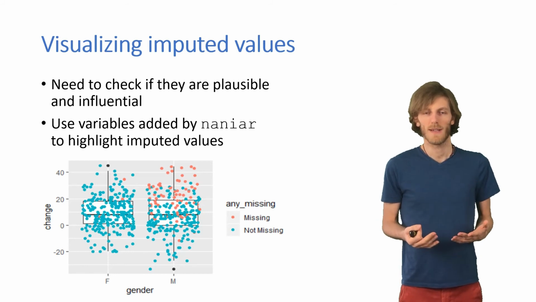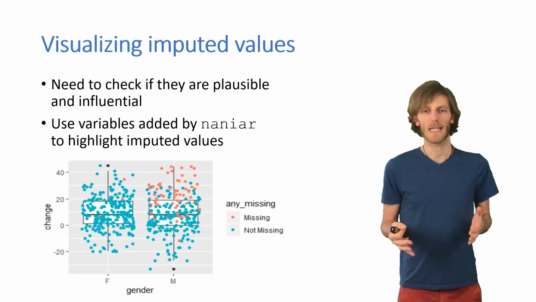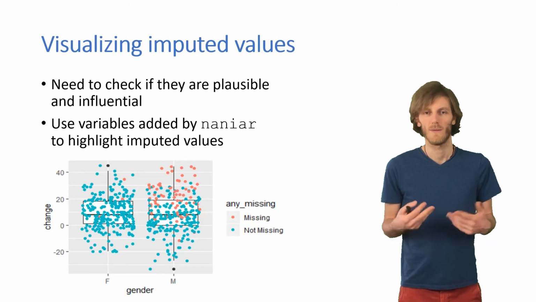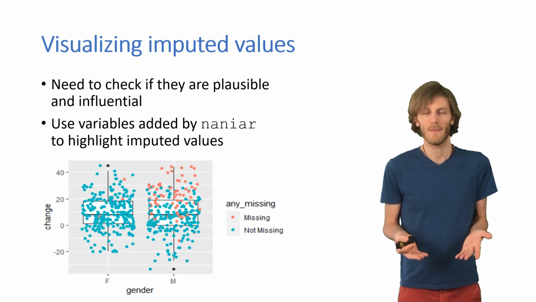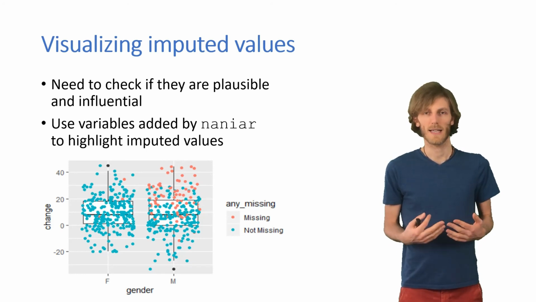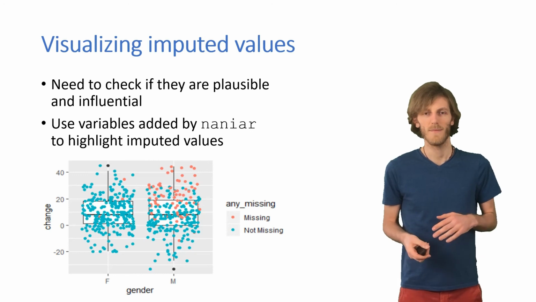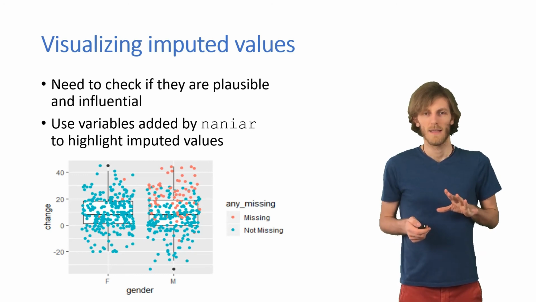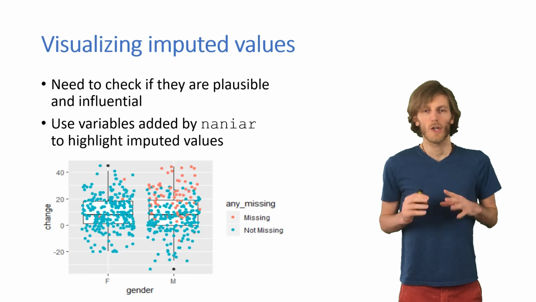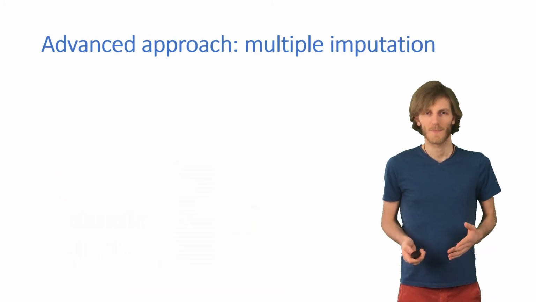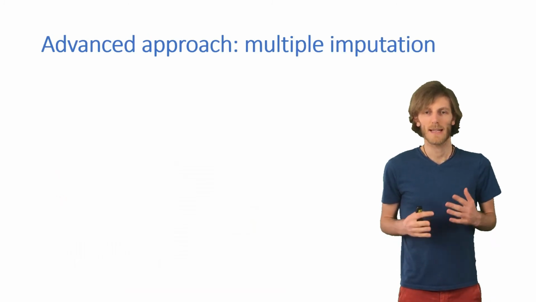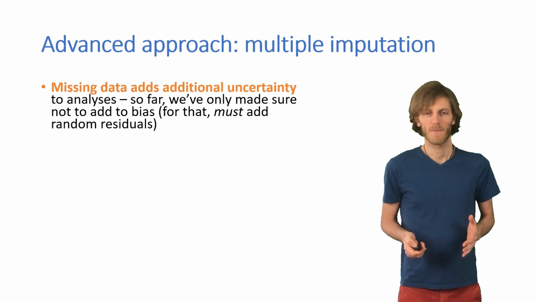Now, with the imputed values, we would reach the conclusion that there is no difference in the impact of our mentoring program on the two groups, which in this case, since we simulated the data that way, is the correct conclusion. We could take this one step further by running multiple imputation.